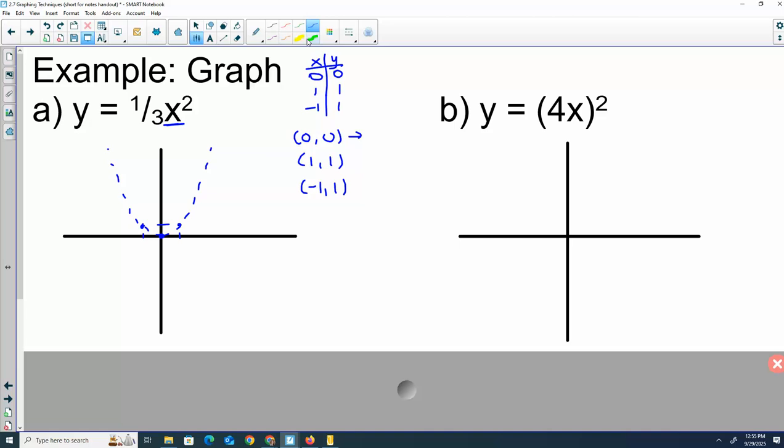So if I take all these y's times 1/3, the points on my final graph are 0, 0, 1, 1/3, negative 1, 1/3. Plot those. You are getting this fat parabola here.